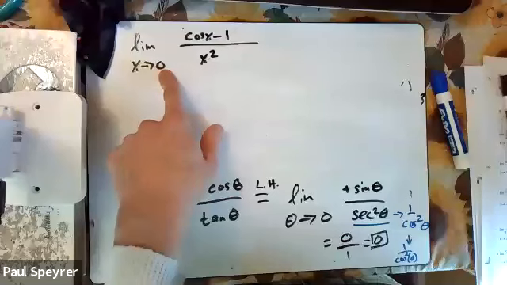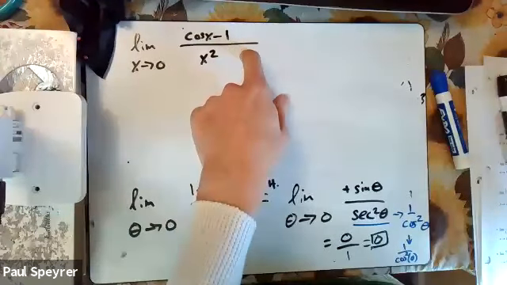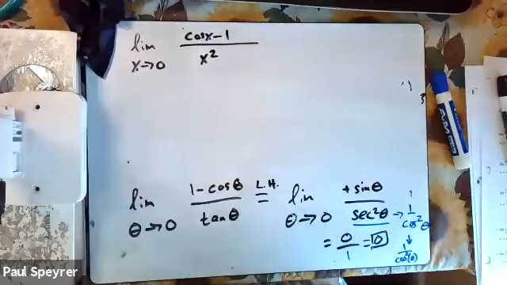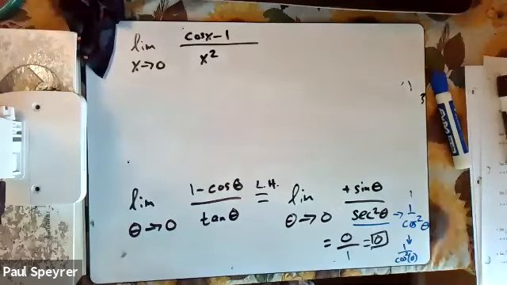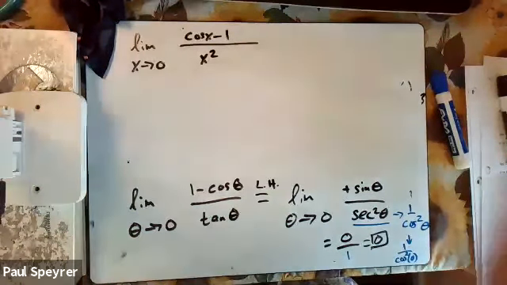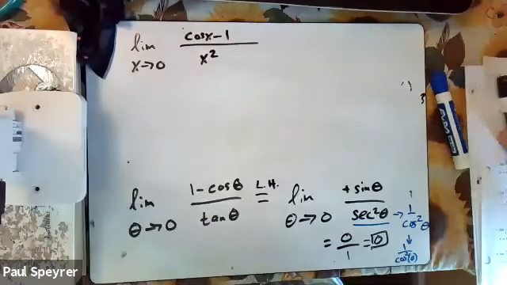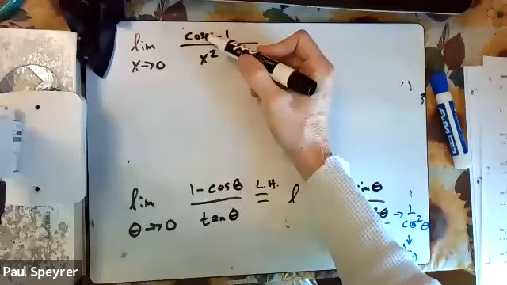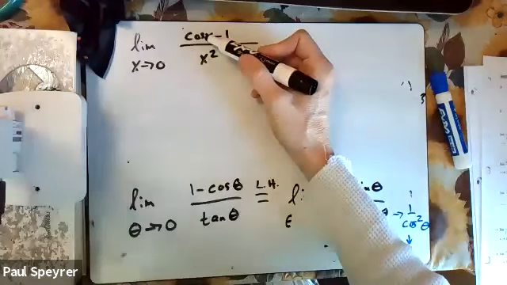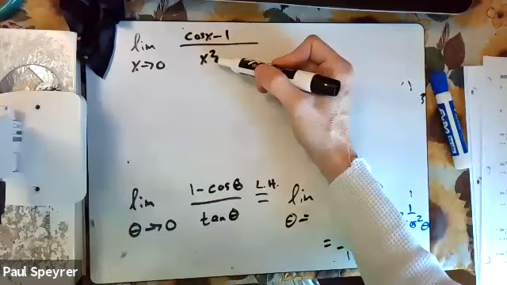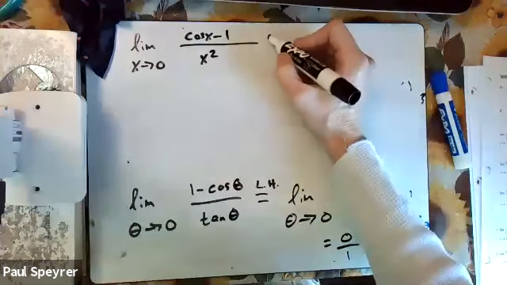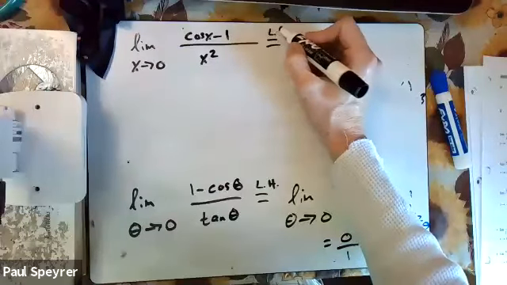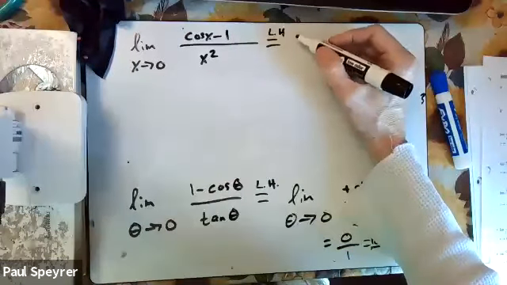Plug this limit into your expression and see, do we get some kind of indeterminate form? So we have cosine of 0 we saw is 1. 1 minus 1 is 0 over 0 squared. That's 0 over 0. So that tells us, yeah, let's L'Hopital it and see what happens.